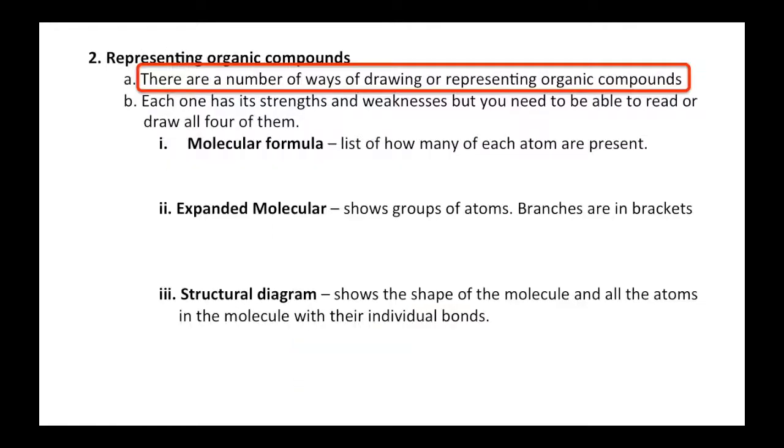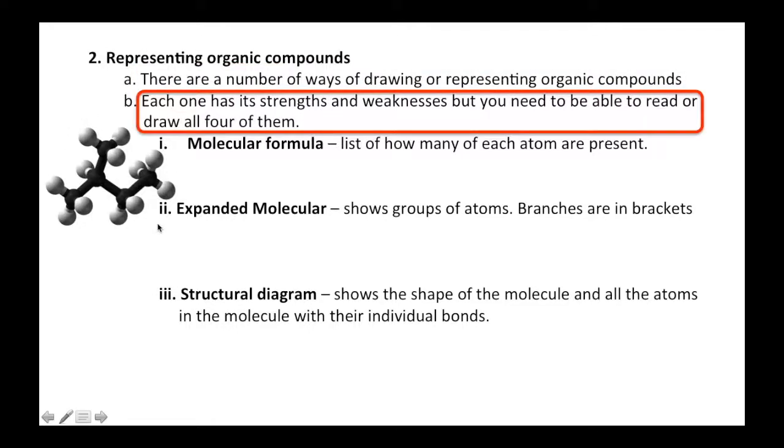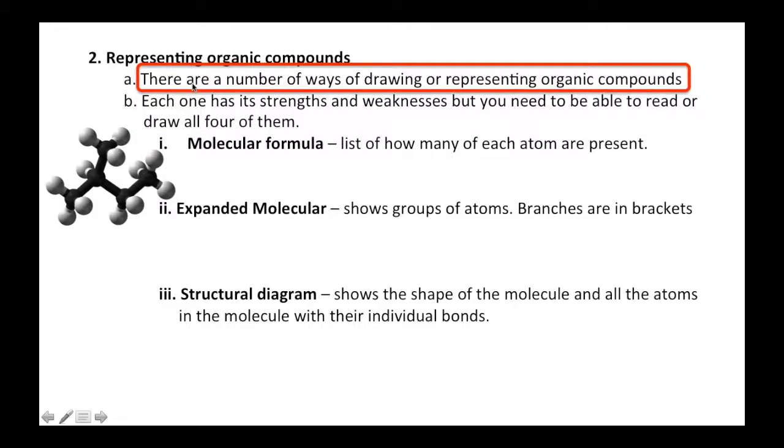Okay, there are many ways to represent organic compounds. All right, so for example, here's an organic compound. Notice it contains 1, 2, 3, 4, 5 carbons, and all these white ones are H's. Now, back to this sentence here. This said there's a number of ways of drawing organic compounds.